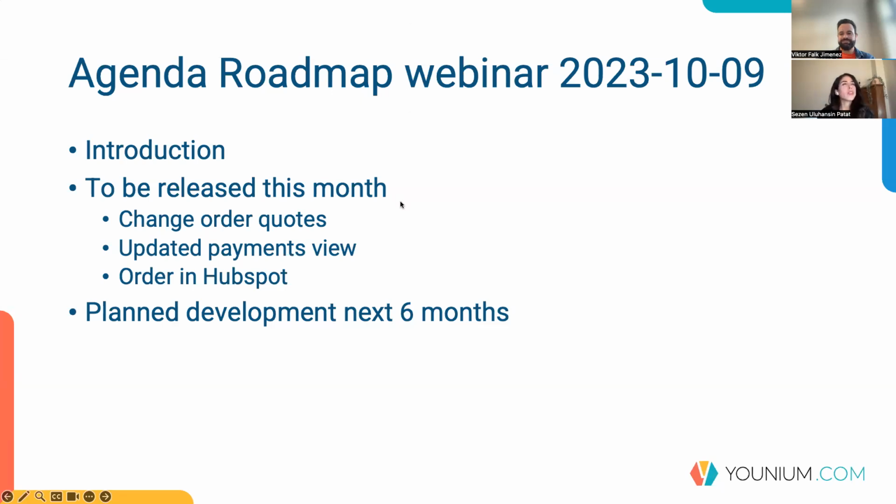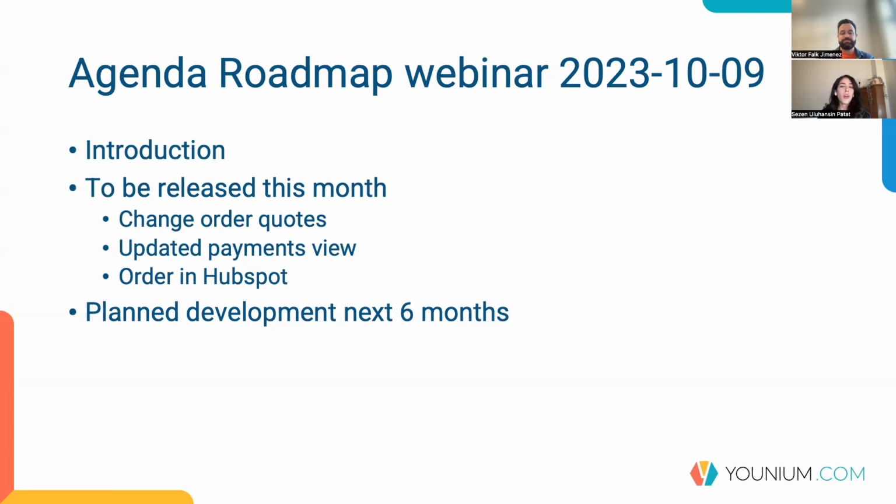Now, I just want to give you a quick overview of what we are going to cover today. First of all, Viktor will share some cool stuff that is coming your way very soon. Then he will talk about how we are simplifying the handling of change orders. Then we will discover how we are making it better and easier for you to keep track of your payments.